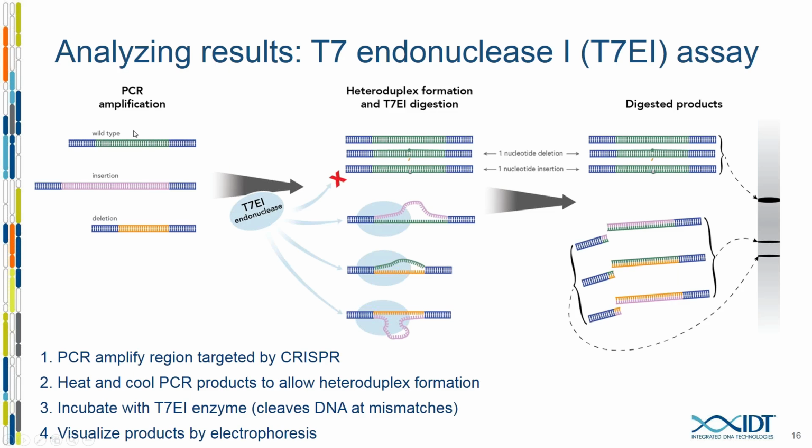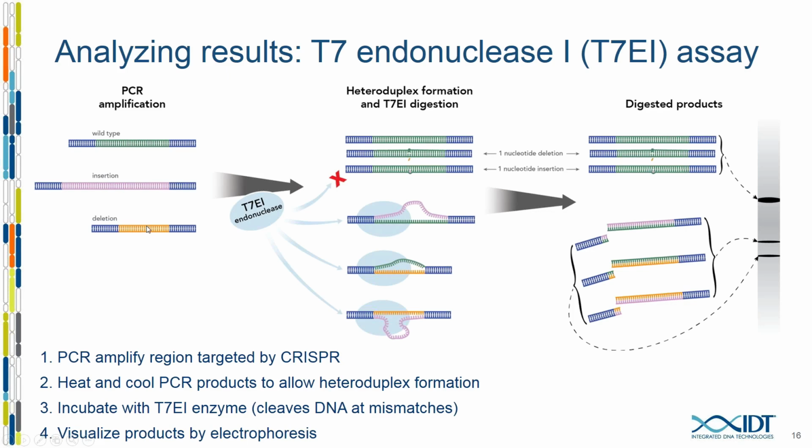So in the example on the left here, if the CRISPR target site's right in the middle of this segment of DNA, amplifying across that region, if CRISPR editing has occurred, you'll end up with some wild-type DNA that wasn't edited, or it was edited and repaired successfully without errors, or you might end up with some insertions or some deletion events.